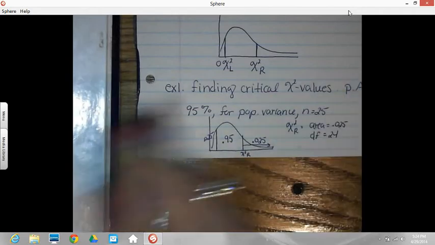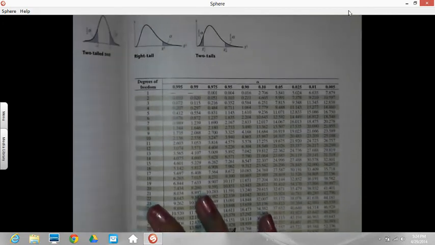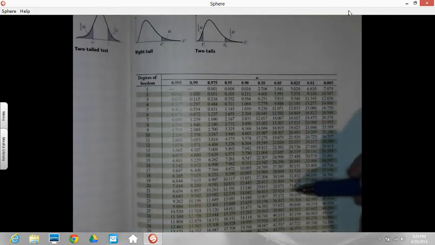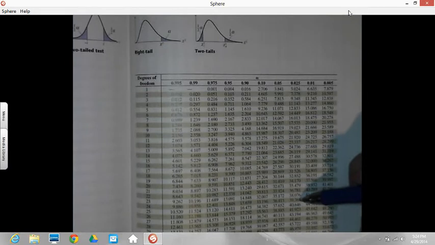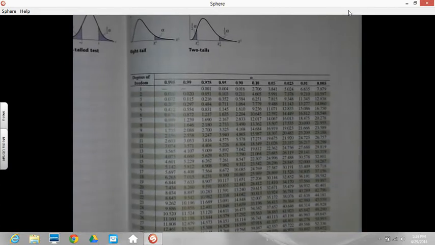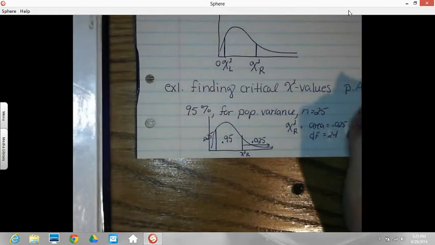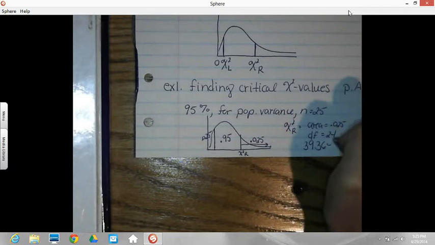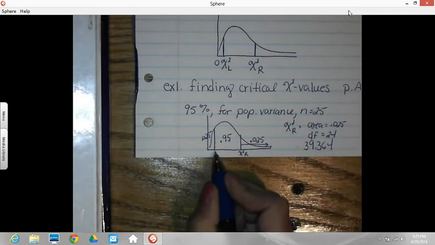So if you go to the table, you want area to the right, which is 0.025, and down to the 24. So my chi-squared right is 39.364, if I'm on the right line. Yep, 39.364.